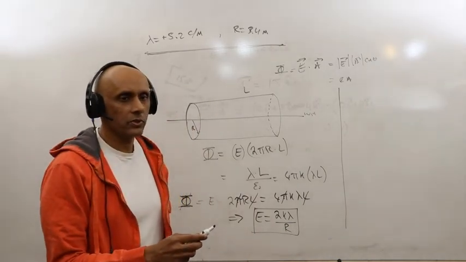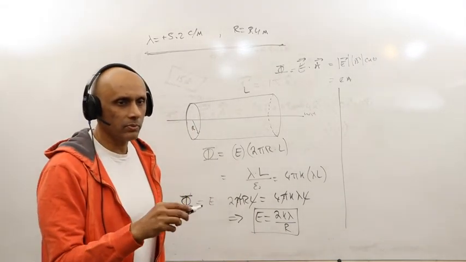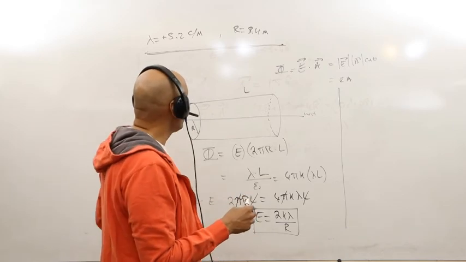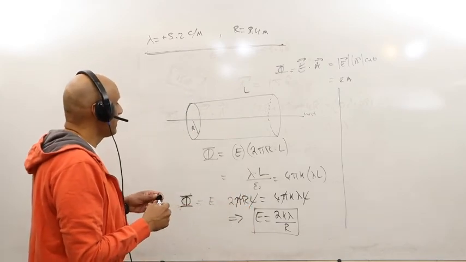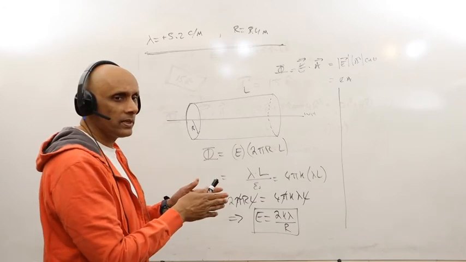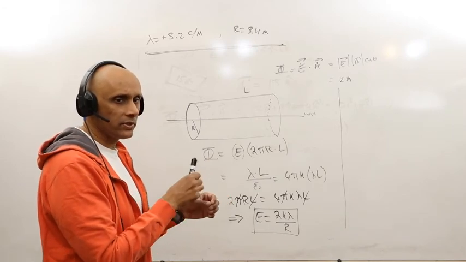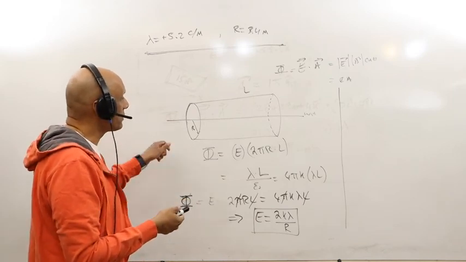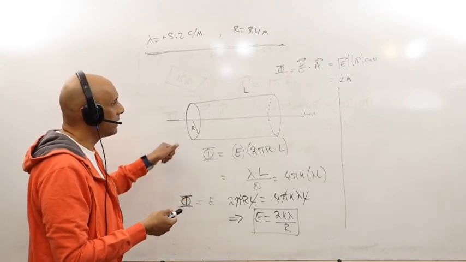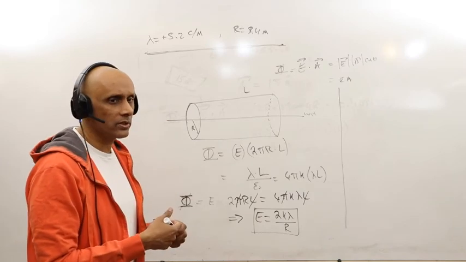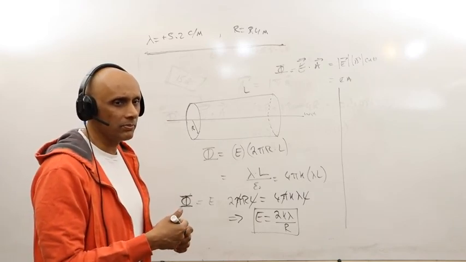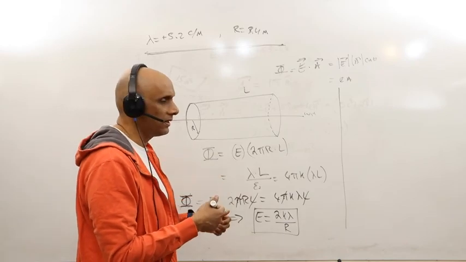I expect you to construct these problems always from the start by using Gauss's law. This is an example of cylindrical symmetry. There's also planar symmetry and spherical symmetry, and they all have similar problems. If you had to do this with calculus, it would be more complicated, and we'd have to do a bit of extra work with an integration. It's not a complicated integration, but it's still much more complicated than using Gauss's law.